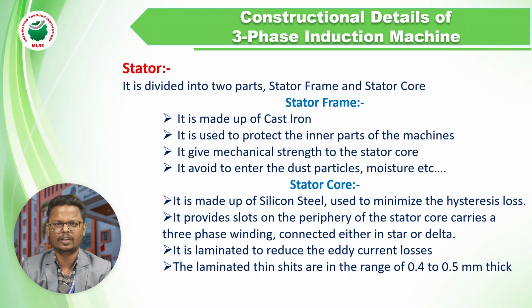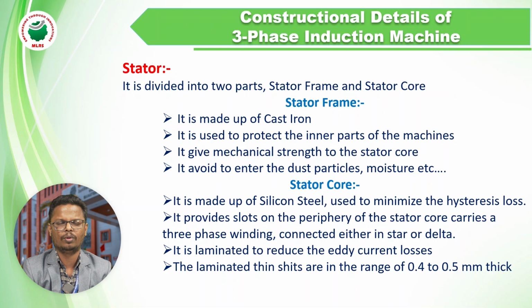Another part is the stator core. This stator core is laminated to reduce the eddy current losses, and it is made of silicon steel. We use silicon steel to reduce the hysteresis losses, and lamination to reduce the eddy current losses.